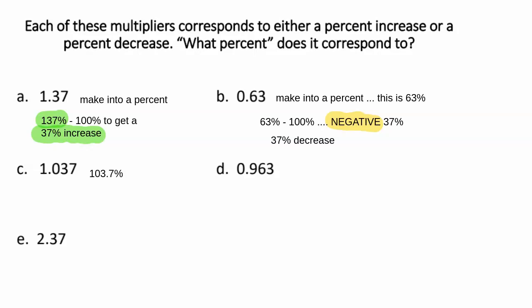Now, take 103.7% and subtract 100%. We get a 3.7% increase because we have a positive number. Now, here we go.